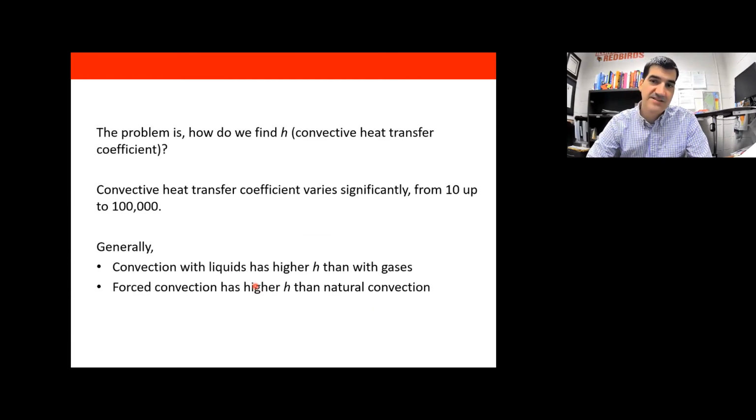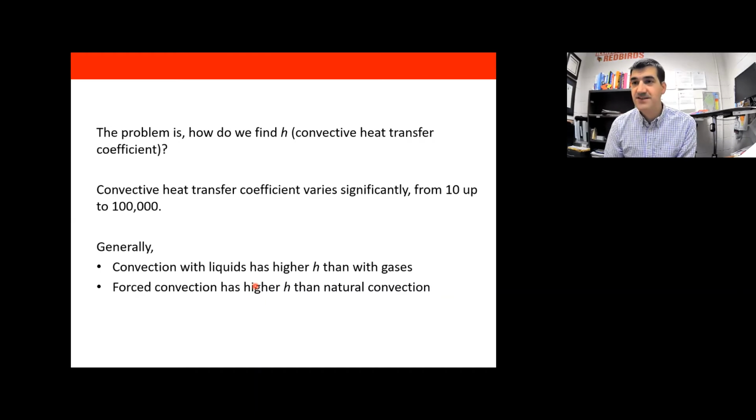All right, so values of H can vary a lot, from 10 up to 100,000. So that's several orders of magnitude. So depending on what your value of H is, you could get a little bit of heat transfer or a lot of heat transfer. Generally, we can make some statements to say that, all right, on average, you're going to get a higher convective heat transfer coefficient with liquids than you get with gases, which kind of makes sense.